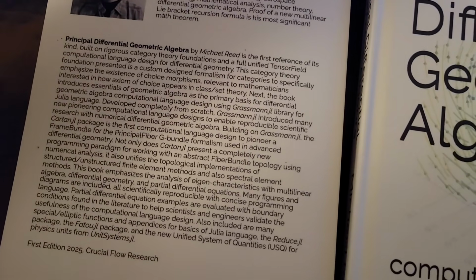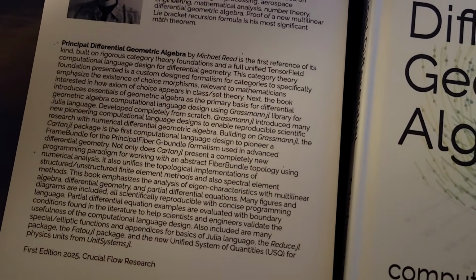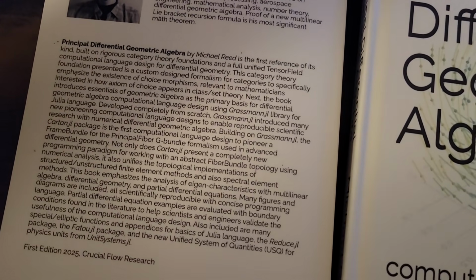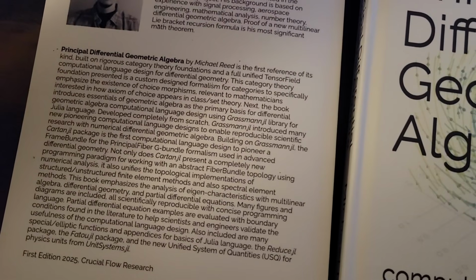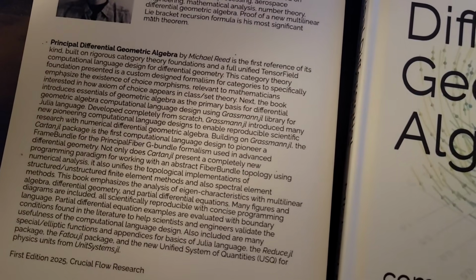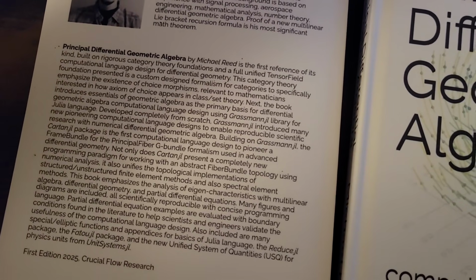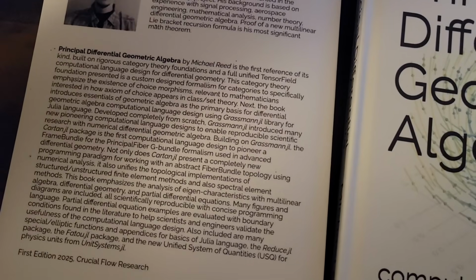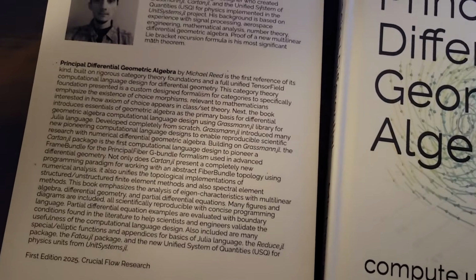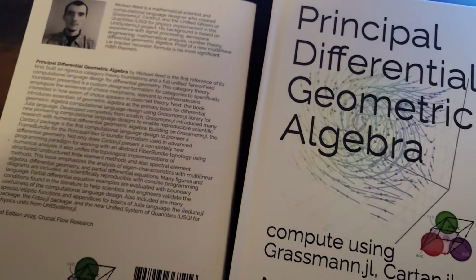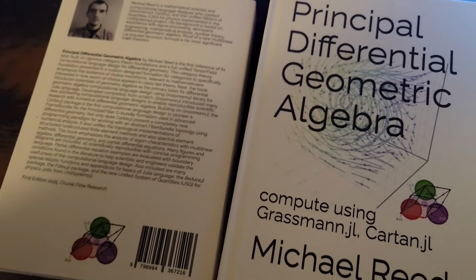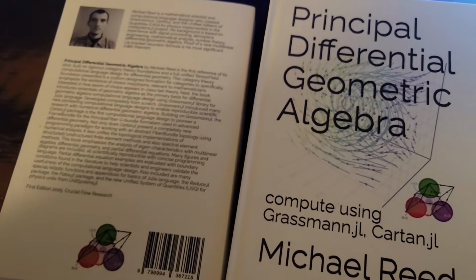Also included are many special and elliptic functions and appendices for basics of the Julia language, the Reduce.jl package, the Fatou.jl package, and also the new Unified System of Quantities for physics units from the UnitSystems.jl package. So this is the first edition from 2025 of my textbook, Principal Differential Geometric Algebra, compute using Grassmann.jl, Cartan.jl.